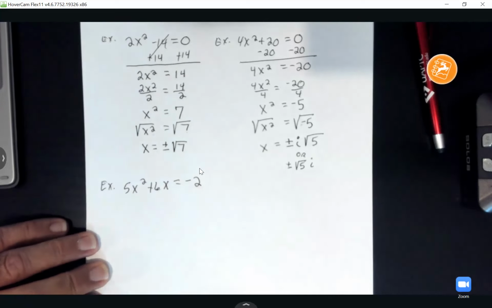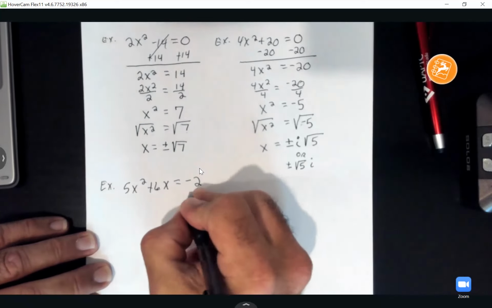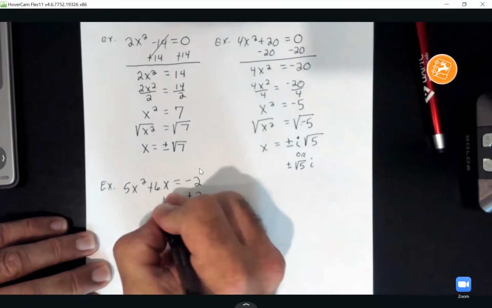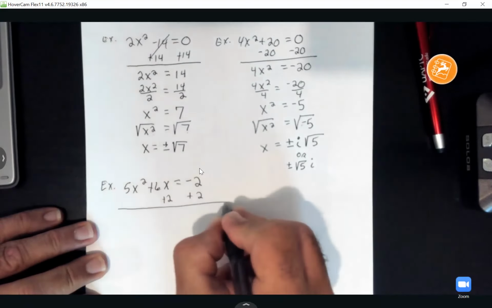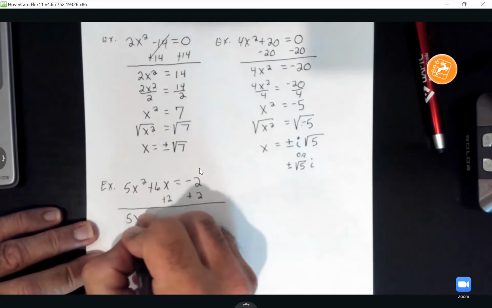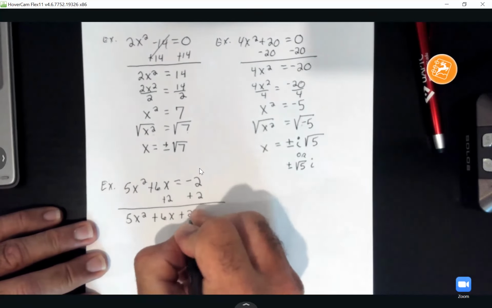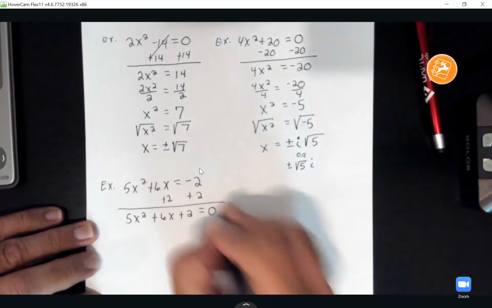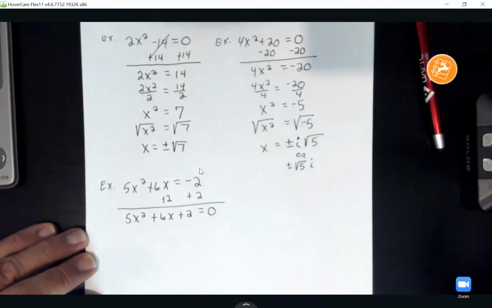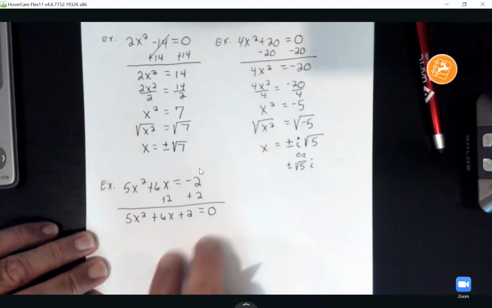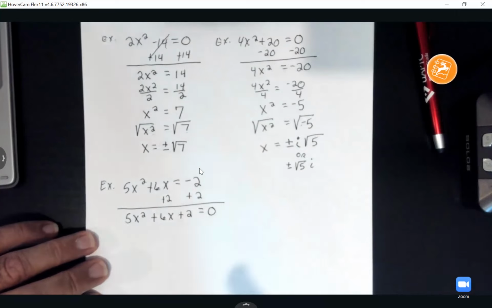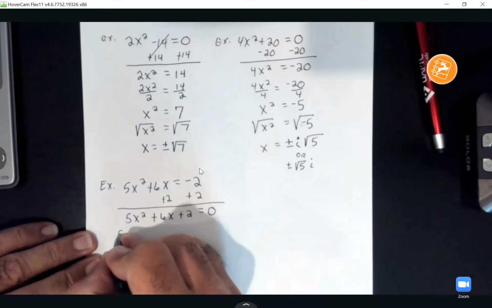Remember, when you use the quadratic formula or factor, everything has to be on one side equal to 0. So on this one, you would have to add 2 to both sides so that you get 5x² plus 6x plus 2 all equal to 0. At that point, plug all this into your quadratic formula and get your 2 answers.